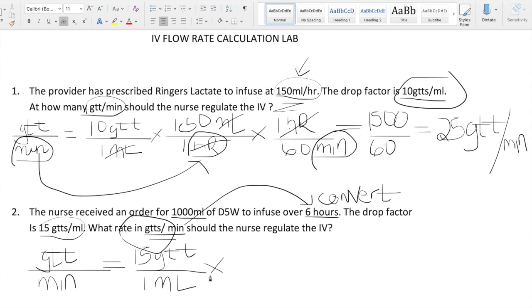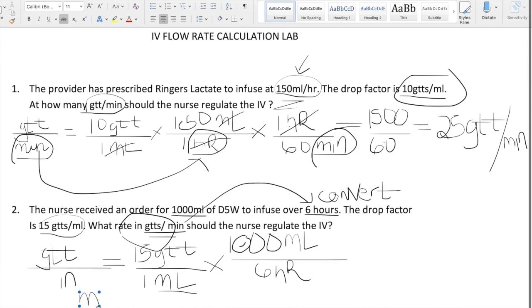So in order to cross out milliliters, what do you think I have to do? Exactly, I had to put the 1,000 on the opposite, which is going to be on top, in order to cross those milliliters out. And once again, I'm so sorry about the way that my handwriting looks. I'm writing on my keypad and I'm doing the best that I can, guys. So I'm going to write that over 6 hours.